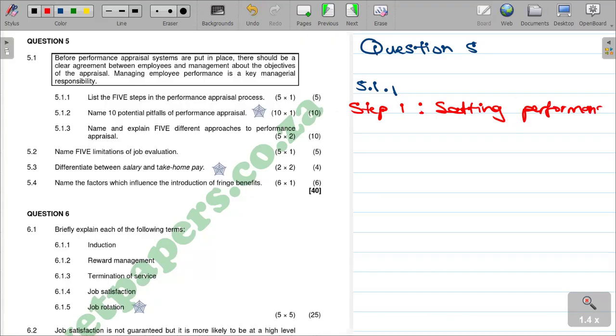We set performance objectives and standards. And then step number 2 is when there will be day-to-day performance coaching.